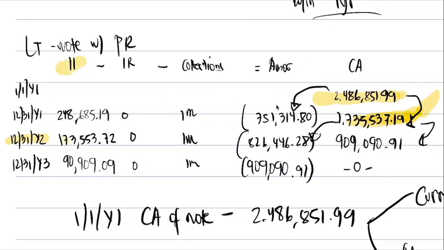Ayan. So 173,553.72. Okay? So for notes, again, please master the initial measurement. You can master that, of course, if you know your present value factors. If you don't know how to compute for present value factors, we will have a problem. It will be hard for you, including the succeeding topics, because mostly we will use your present values.